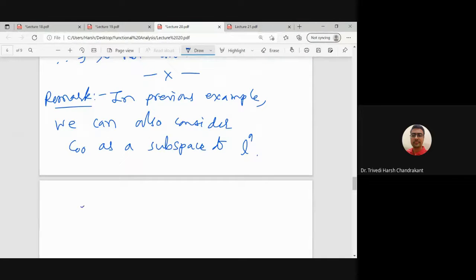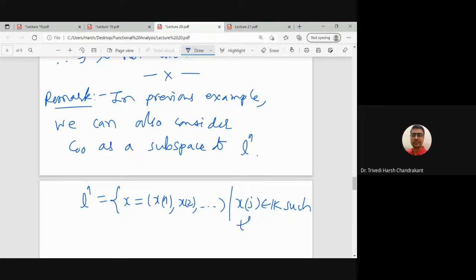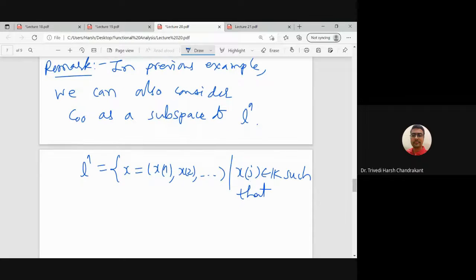L1 is the set of all sequences whose entries are real or complex numbers such that they are absolutely convergent. Absolutely convergent means the sum of the modulus of xj is finite.